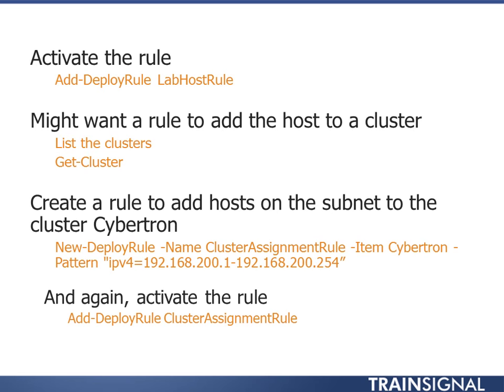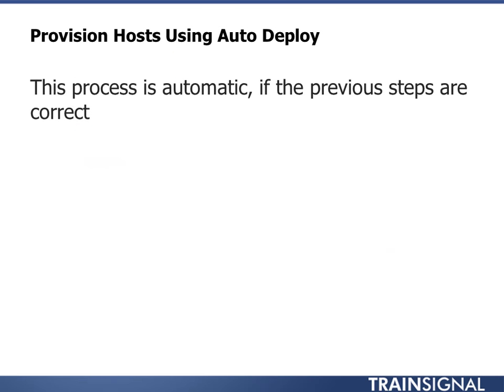So it's -Item, Nash_image, comma, Cybertron, comma, Nash lab profile. It's just the name of each item with commas in between. I normally do individual rules like I've spelled out here because you can change them individually, and if you have different compute elements that need different things, or different clusters or profiles, you can split those out. But you can combine these into one rule.